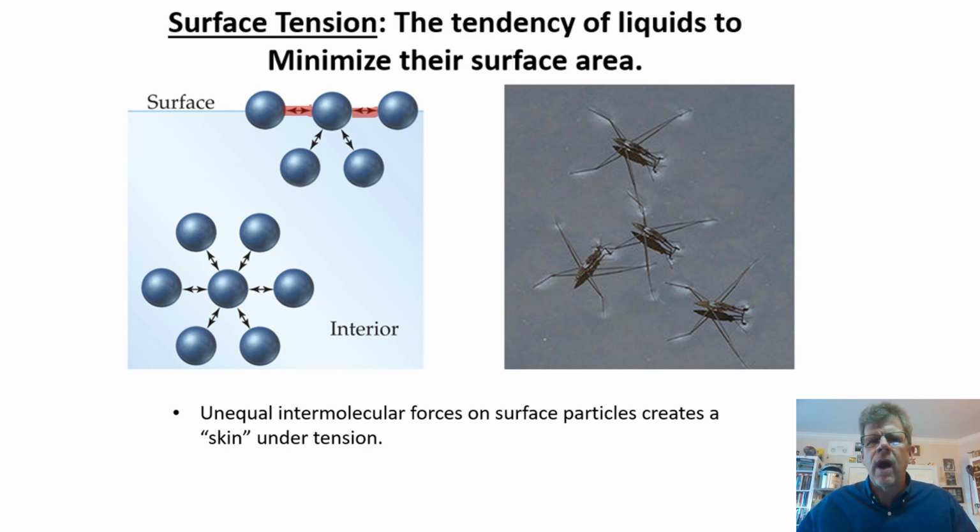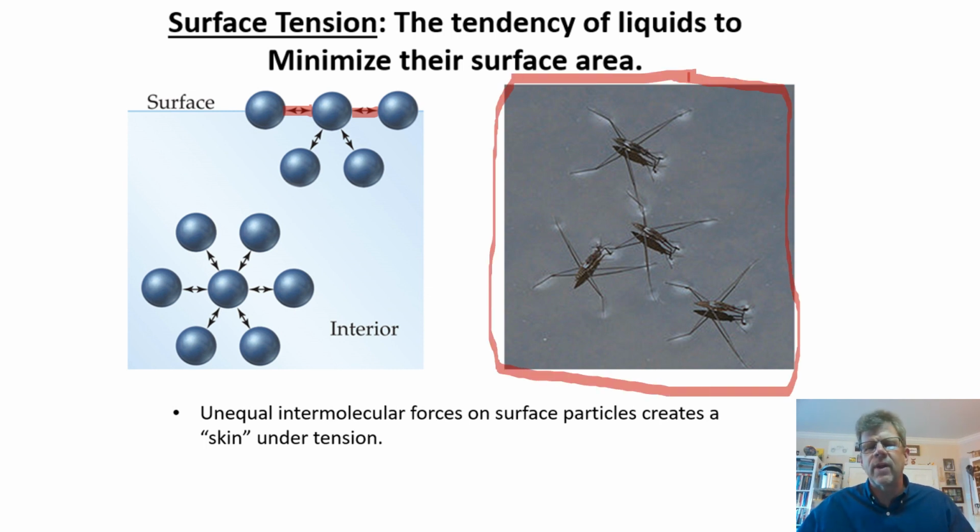And if we look at the picture over on the right here, we see what you may see in the summertime on a brook or a pond. We see these water striders, and they literally walk on water, and you can see where their legs dimple into the water. That's basically due to the high surface tension within water.